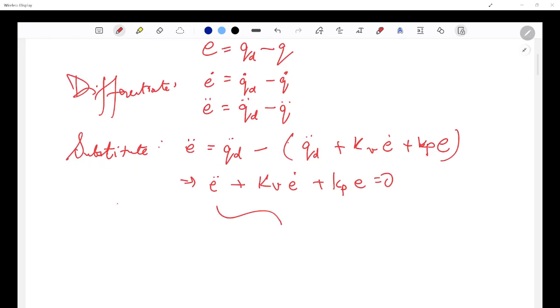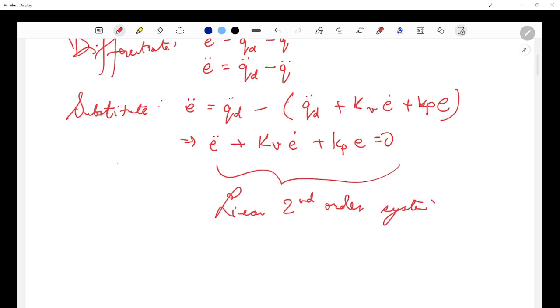This is an example of a linear second order system, right? So you can choose the gains like KV is equal to 2 under root KP for critical damping. You can check this condition is there for critical damping.